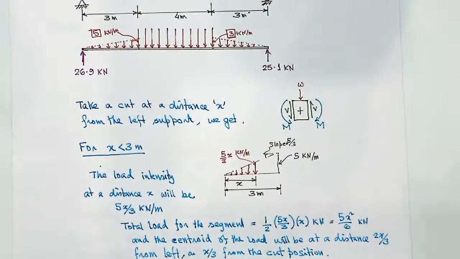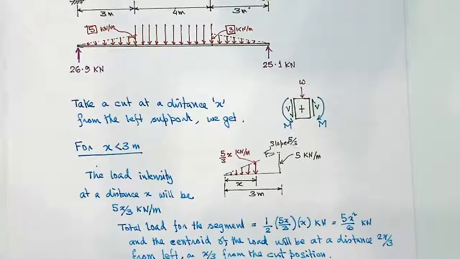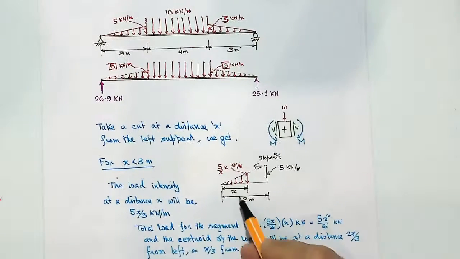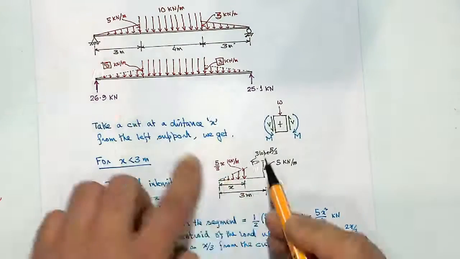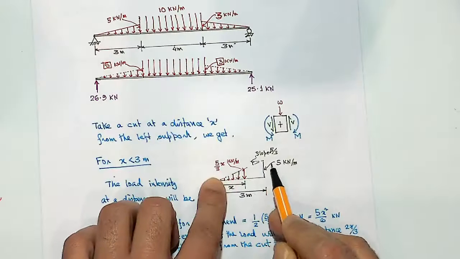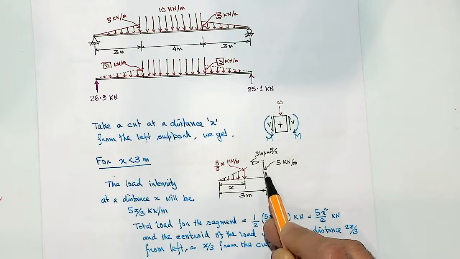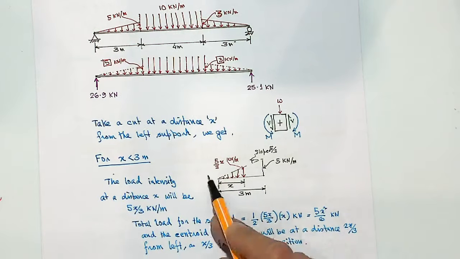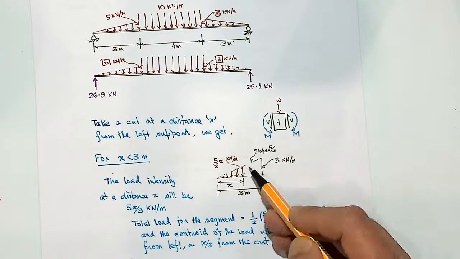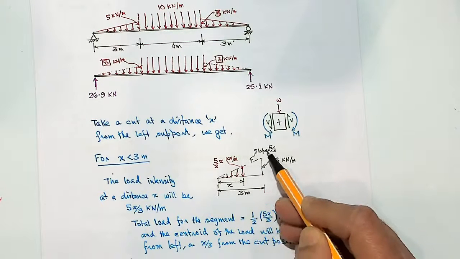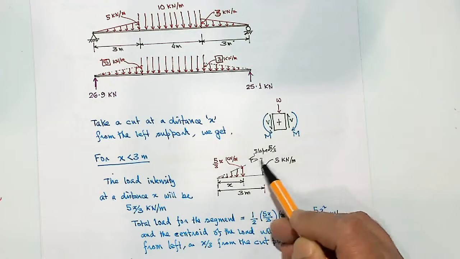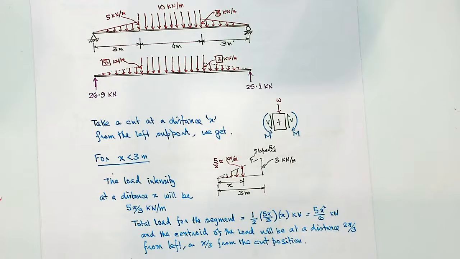How do I get that? To get that, you need to think about this load. Over 3 meter, I'll have a load intensity of 5 kilonewton per meter at a distance of 3 meter. So the slope of this load is 5 kilonewton per meter over 3 meter, so 5 over 3 kilonewton per meter length.